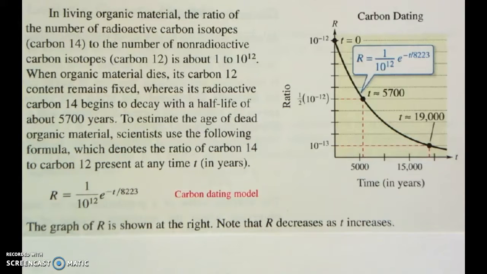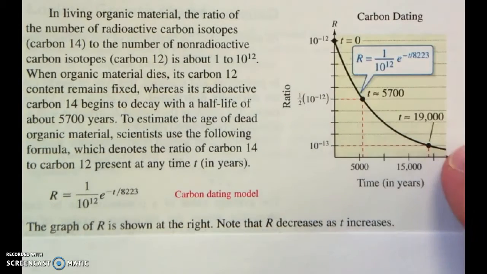Remember, e is involved when we're talking about continuous change. We have e raised to the negative t divided by 8,223, and it's a decay problem. We can see that this is decaying here, and we're told that the half-life of that carbon-14 is about 5,700 years. And because it's so long, that's what allows us to use that to date things.